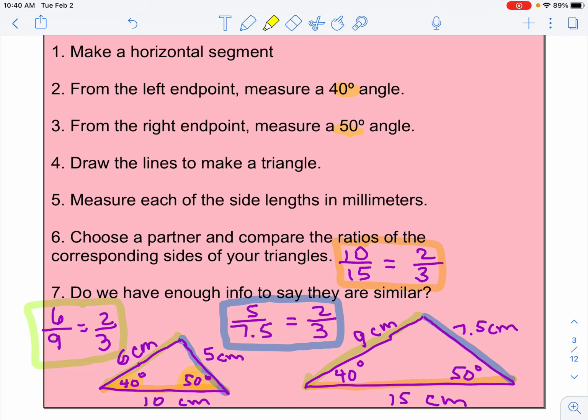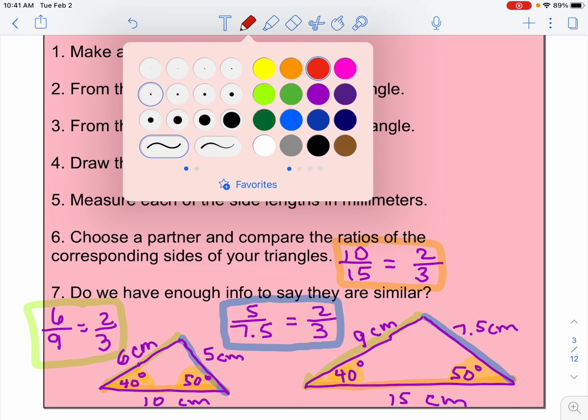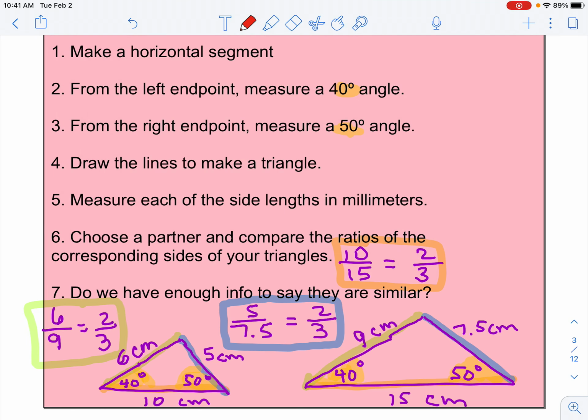Well, if someone else does the same triangle but starts with a different side length, and makes their triangle with 40 and 50-degree angles and measures the sides, what you would discover if you started comparing with other students in the room is that all of the angles are the same, because we already made 40 and 50, and then with the triangle sum and third angles theorem these angles right here have to also be congruent.